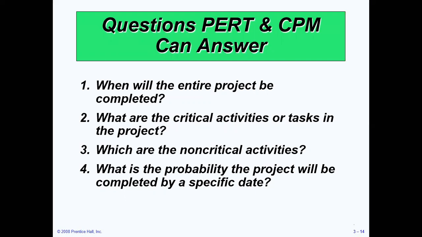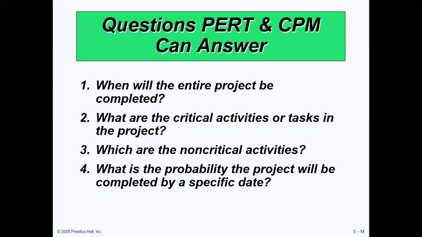When we identify the critical path, we will obviously know the critical activities or tasks within the project. The third one is, which are the non-critical activities? The activities that do not lie on the critical path are the non-critical activities.